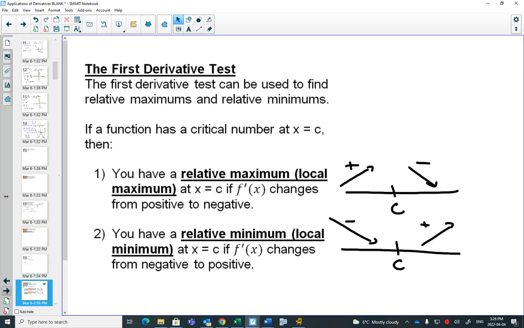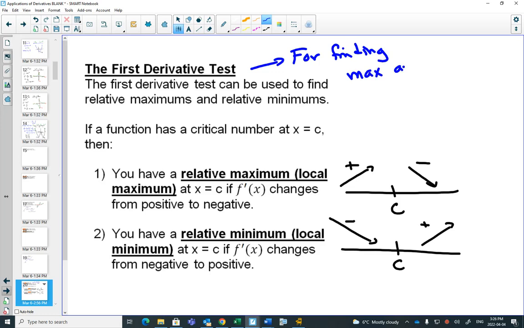And I find the first derivative test really intuitive, especially if we draw our arrows on the number line like that. There is a second derivative test. Maybe you make a note. No, there's just two.